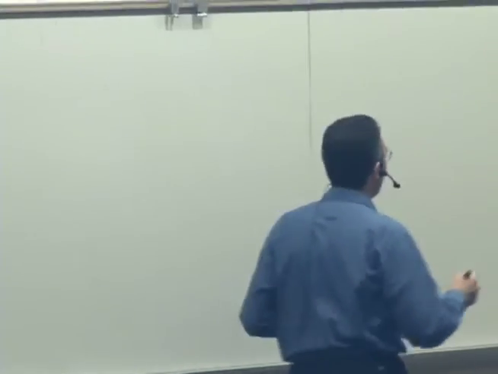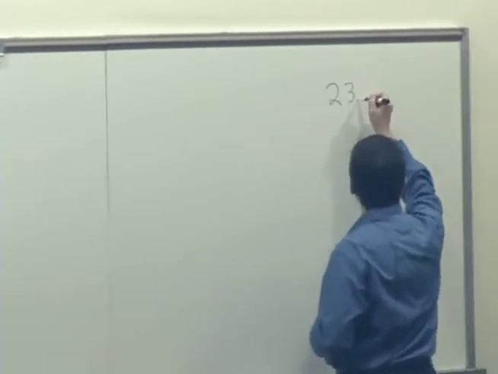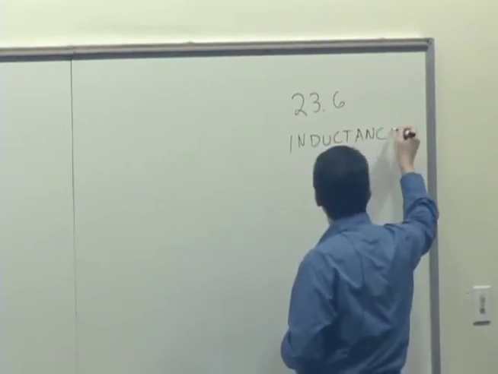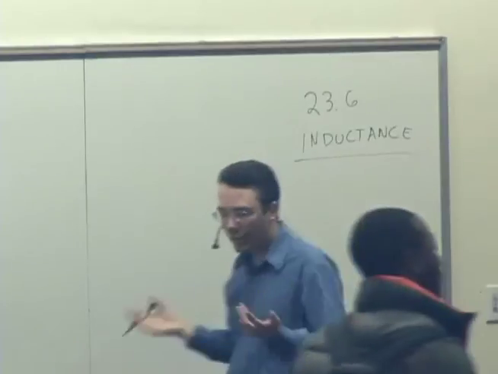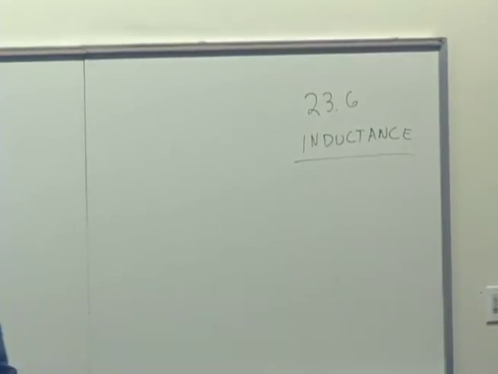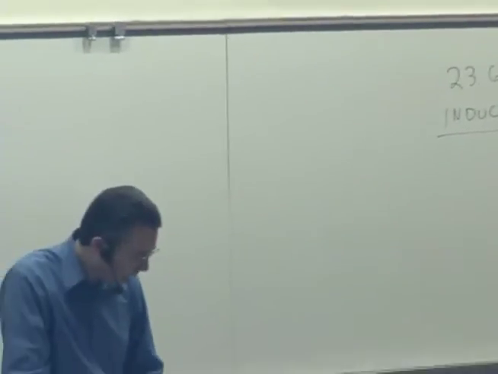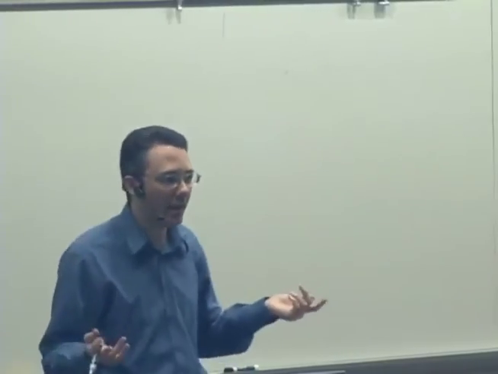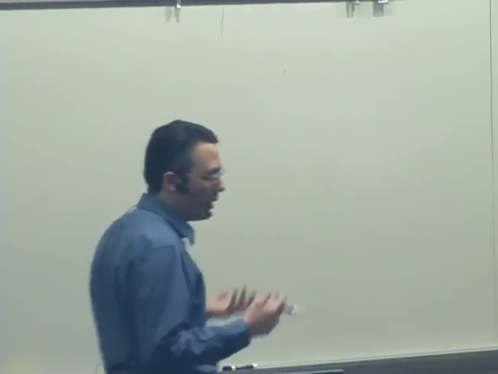If you are in electrical engineering, I recommend that you actually read section 23.6 on inductance, which is basically just using Faraday's law in circuit applications and looking at how, if you have changing currents in a circuit, then because currents make magnetic fields, you're going to have a changing magnetic field, which then creates changing electric fields, and how that affects circuit analysis.